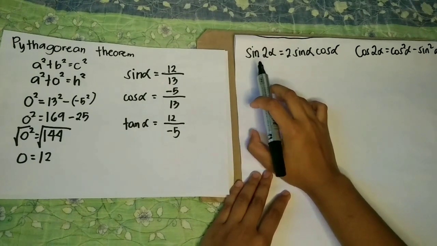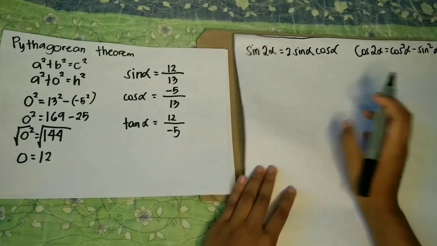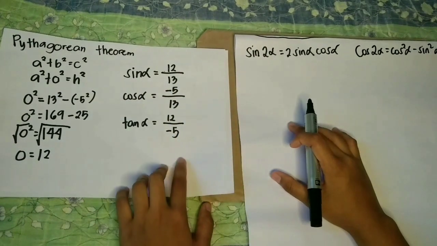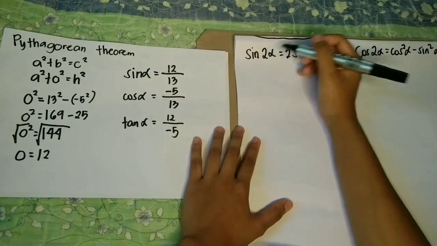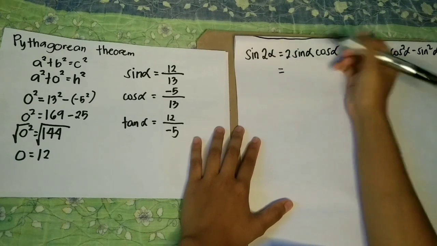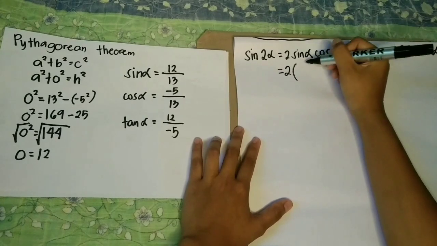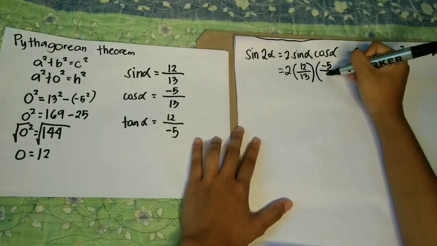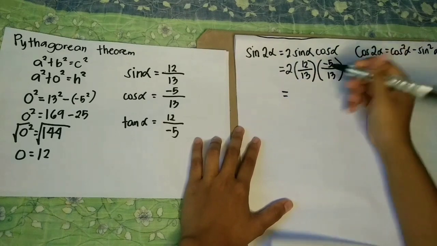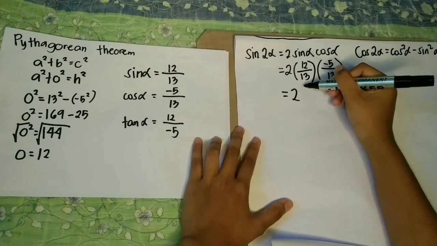So to solve the sine 2 alpha, we need to substitute the given values that we got earlier, the sine alpha, cosine alpha, and the tangent alpha. So it will be 2 times the sine alpha, which is 12 over 13, and the cosine alpha, which is negative 5 over 13. So we need to multiply the 12 and negative 5.